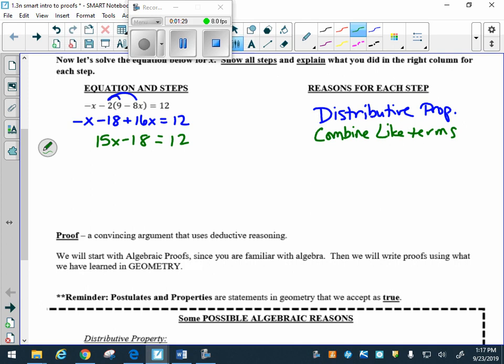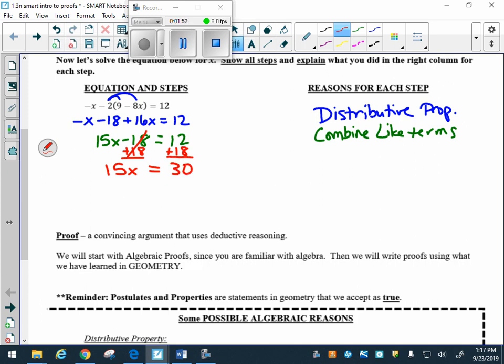All right, what is the next step you'd have to do here? By doing what? Good. Add 18 to both sides. It's going to cancel on the left and leave us with 15x equals 30.